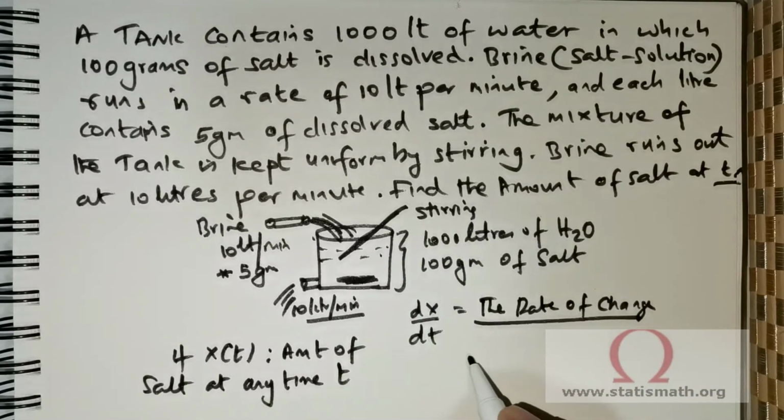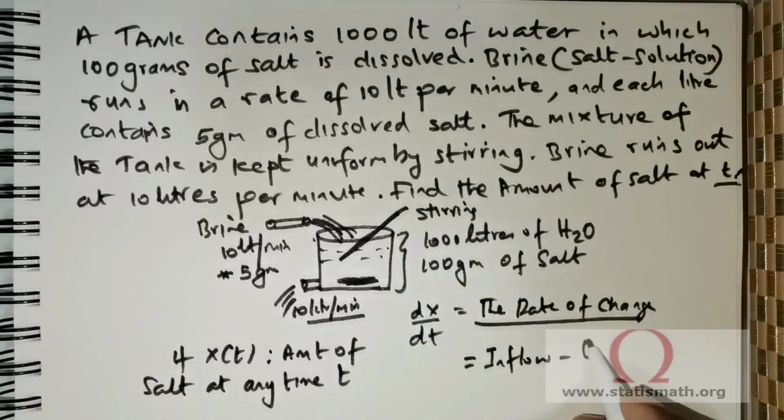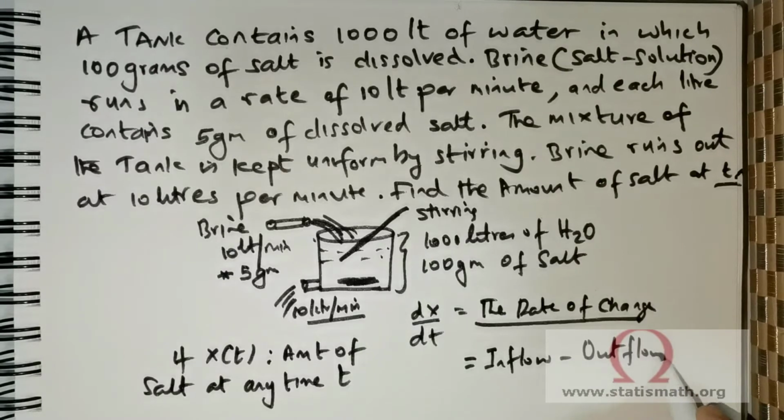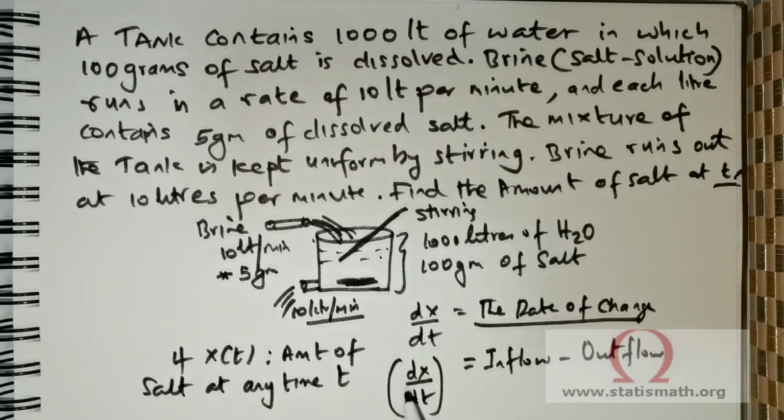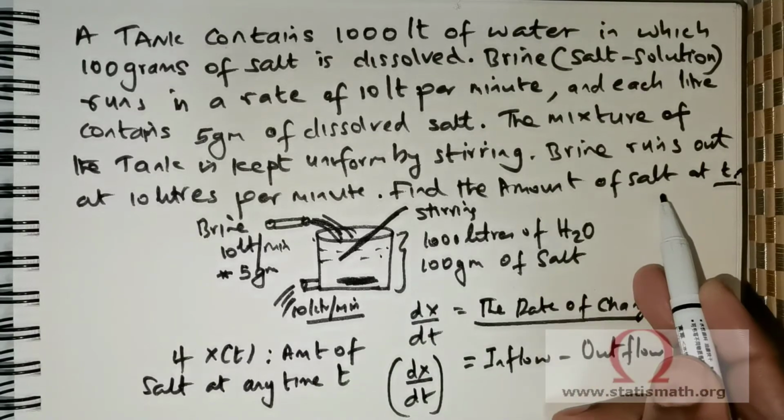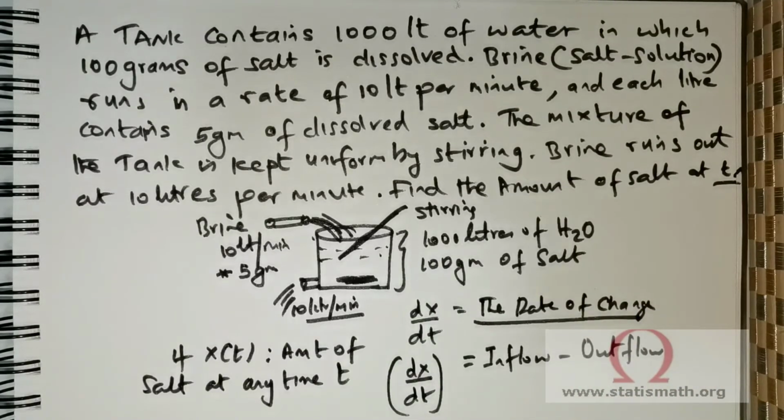This rate of change is nothing but inflow minus outflow. So you have a formula: inflow minus outflow is the rate of change, dx over dt. This will give us the amount of salt at any time t.